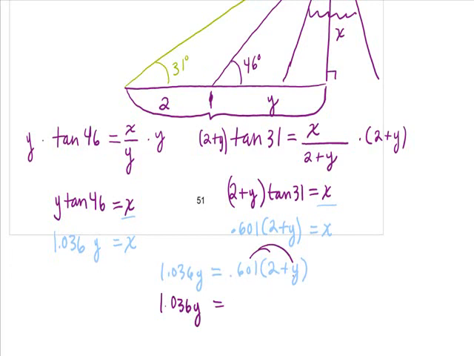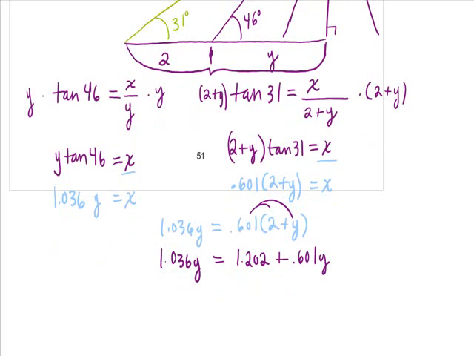Over here, I get 1.202 plus 0.601y. Mr. Stern, what should I do next? Let's subtract 0.601y from both sides. Yeah, we need to gather our variables.